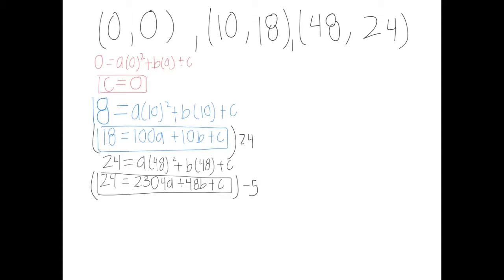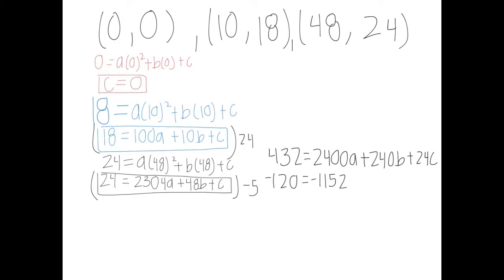So now we have 432 equals 2,400a plus 240b plus 24c. And our new third equation is negative 120 equals negative 11,520a minus 240b minus 5c.